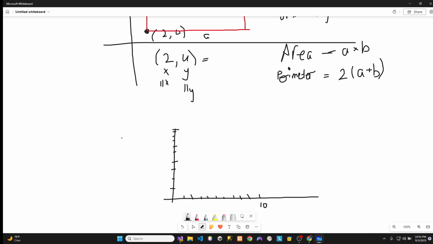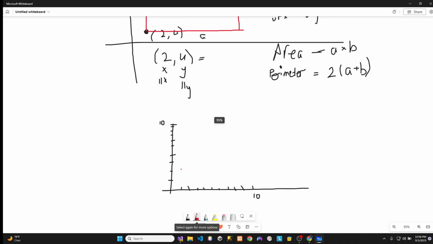My first point is 2 and 4, which is here. My second point is 8 and 10.